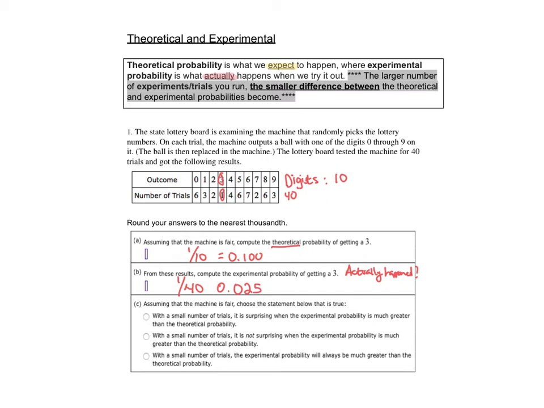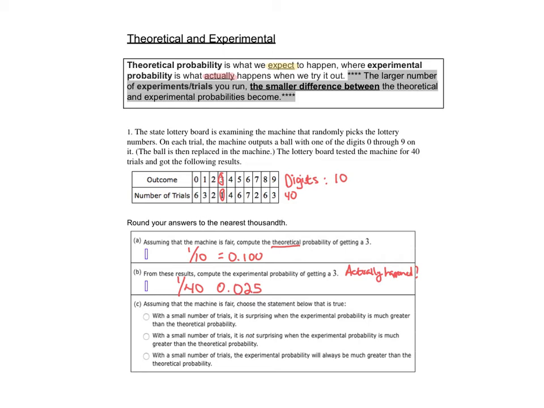So let's do the last question. Assuming the machine is fair, what statement do you think is true? With a smaller number of trials, it's surprising when the experimental probability is greater than the theoretical. Or, with a small number of trials, it is not surprising. Or, with a small number of trials, the experimental probability will always be much greater than the theoretical.